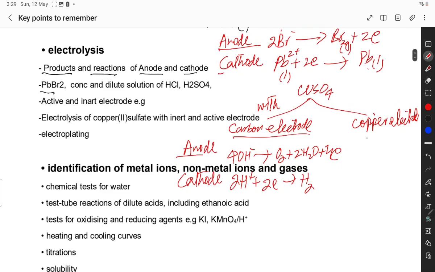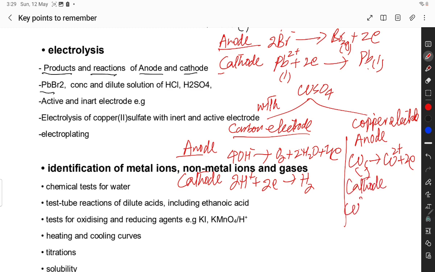And with copper electrodes, the anode reaction is Cu solid to form Cu2+ plus 2 electrons. The cathode reaction is Cu2+ aqueous plus 2 electrons to form copper solid. So these are the reactions of the common electrolysis reactions.